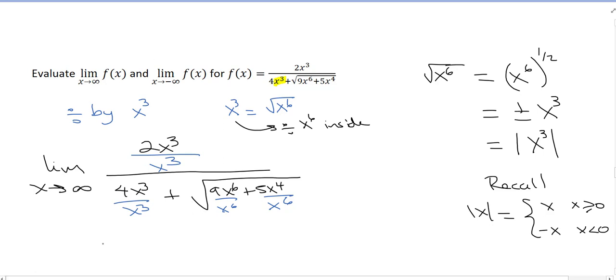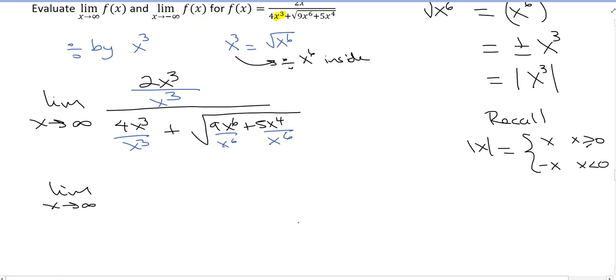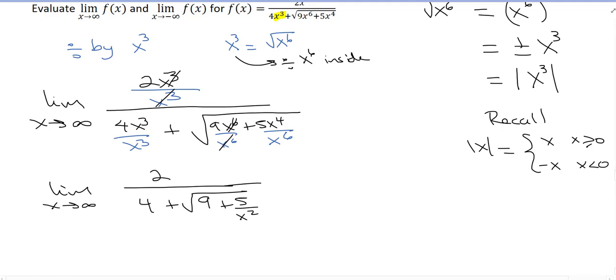And so let's see. The limit as x goes to infinity is 2 in the numerator, those cancel, 4 in the denominator plus the square root of 9 plus 5 over x squared. As x goes to infinity, this is going towards 0.